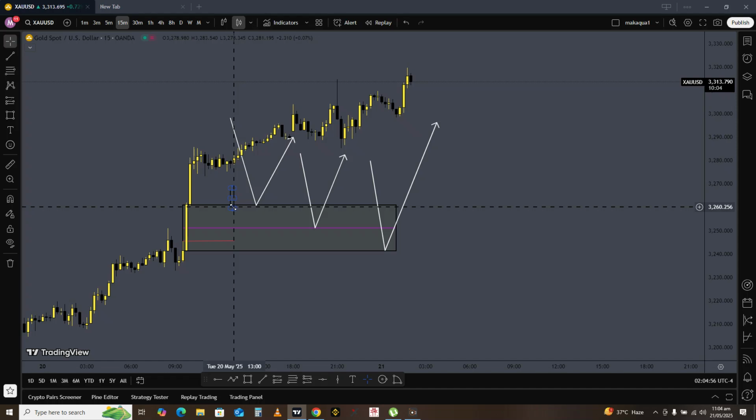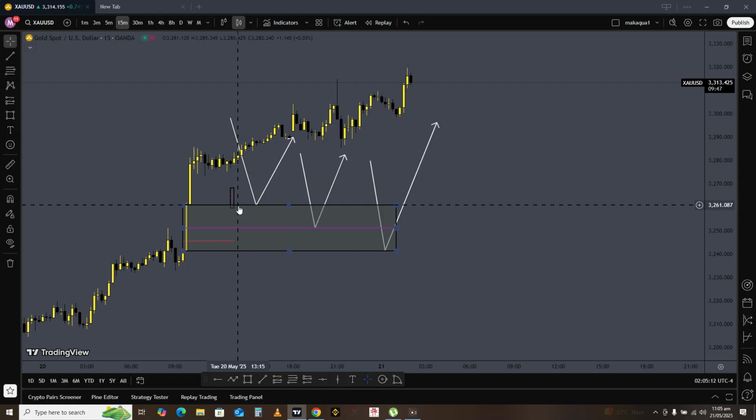If the body is closed inside its premises, this fair value gap will eventually be disrespected, because this is the very first confirmed sign that this fair value gap is going to be disrespected very soon.